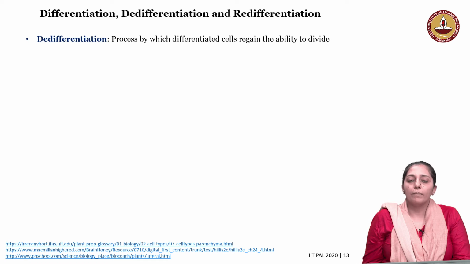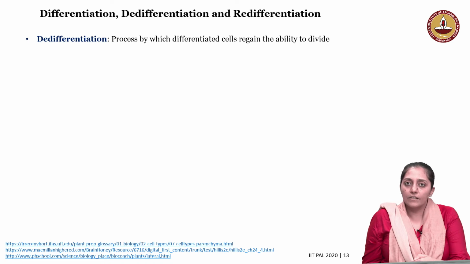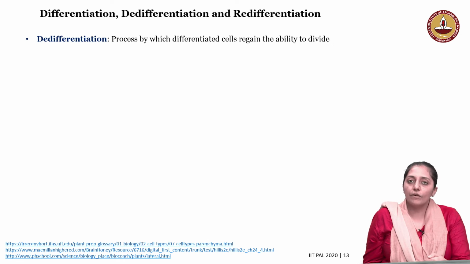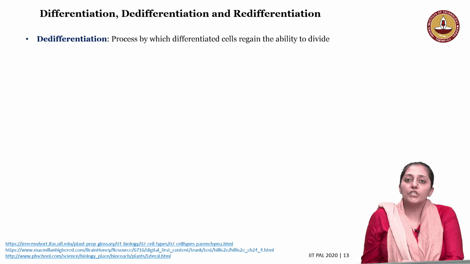When I was talking about differentiation, I said that the actively dividing cells stop dividing, lose the capacity to divide, and in the process mature to perform a specific function. Now, in case of dedifferentiation, a matured cell which is performing a specific function will revert back to a stage of meristematic activity, which means it will start to continuously divide.